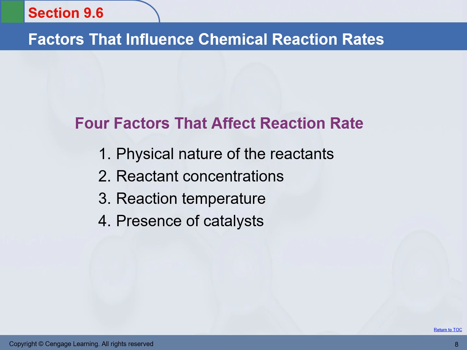A catalyst increases the reaction rate by providing an alternative reaction pathway that has a lower activation energy. In other words, a catalyst catalyzes a chemical reaction by lowering the activation energy of the reaction.